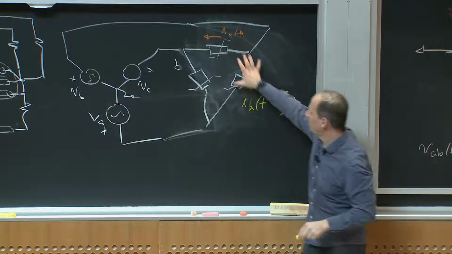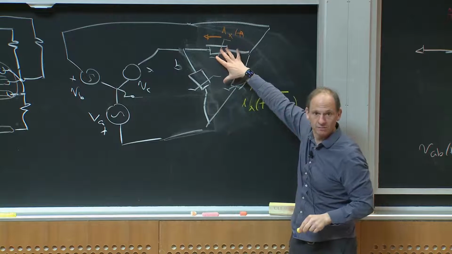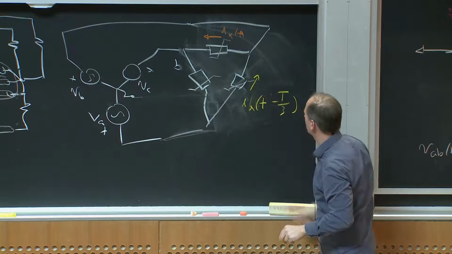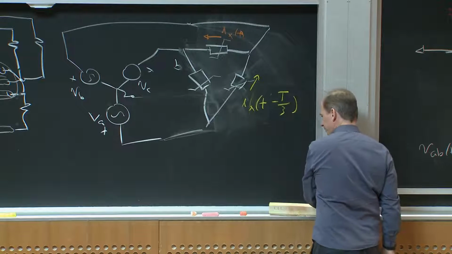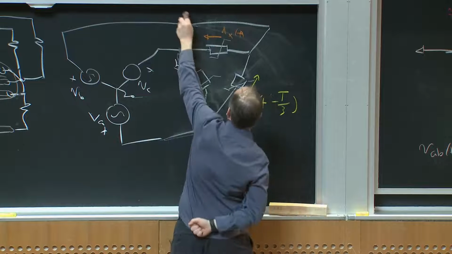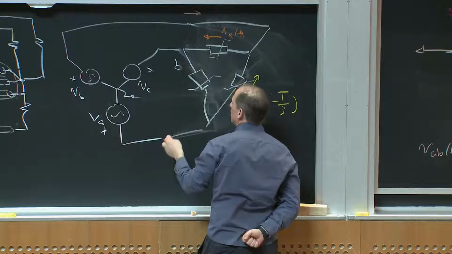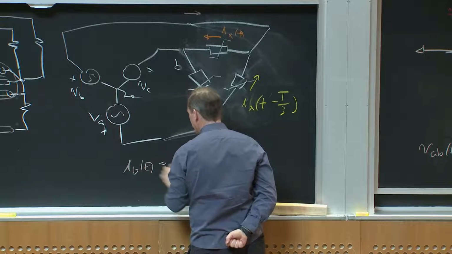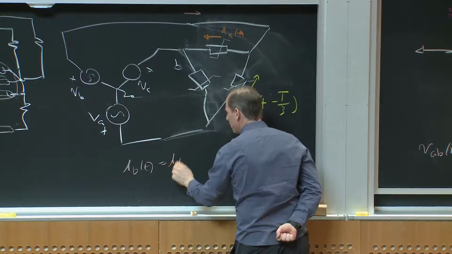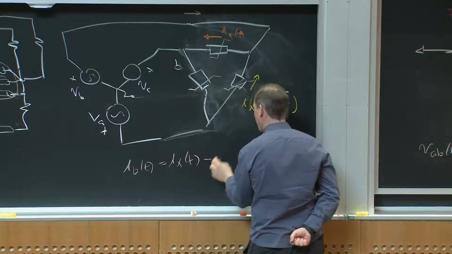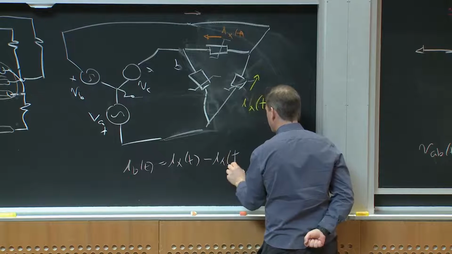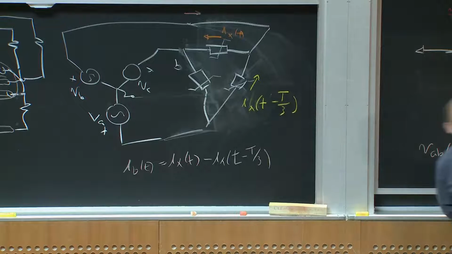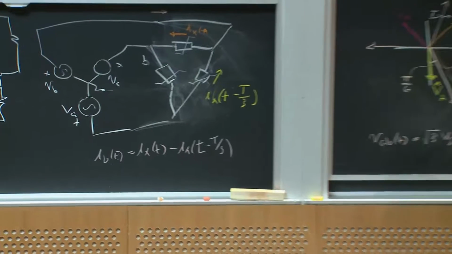Okay, I'm getting a phase shift in my currents. So then what is this current going to be? If I looked at the net line current, I'm going to call this I_b of t, it is simply going to be I_x of t minus I_x of t minus capital T over 3. Okay, I have a third of a cycle phase shift, a third of a fundamental cycle phase shift.